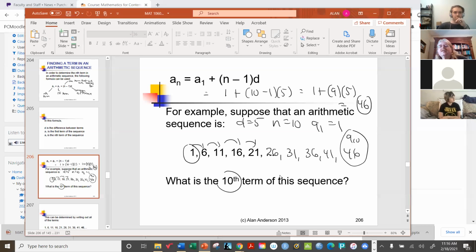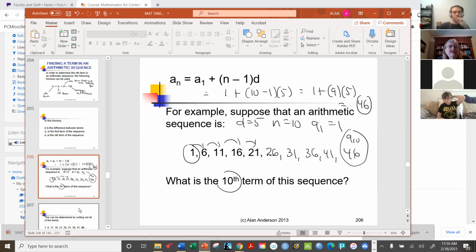You can see we must have done it correctly because that is in fact 46. Now, if you only have a few terms, maybe the formula isn't all that helpful. But if you're looking for, let's say, the 100th term, then that formula could save you an awful lot of time.